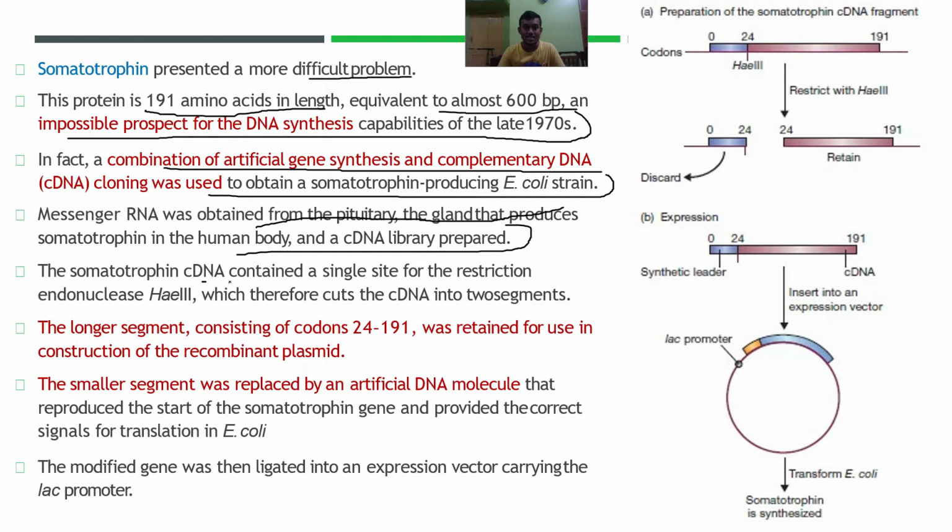The somatotropin cDNA contained a single site for restriction endonuclease HaeIII, which therefore cuts the cDNA into two segments. You can see this somatotropin cDNA fragment.